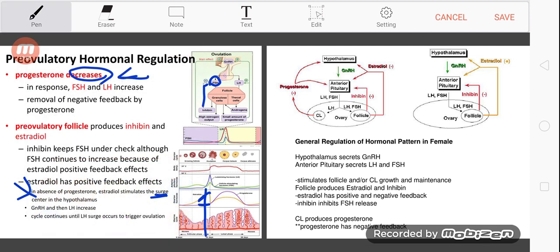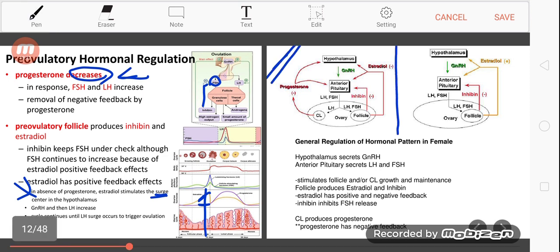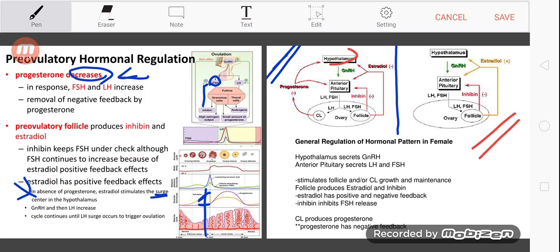Here is mid, and this one is at the end of the follicular phase. As you can see, the hypothalamus secretes GnRH, stimulates the anterior pituitary, which secretes LH, FSH. The LH, FSH, the follicle cell produces the estradiol. This estradiol will give negative feedback.